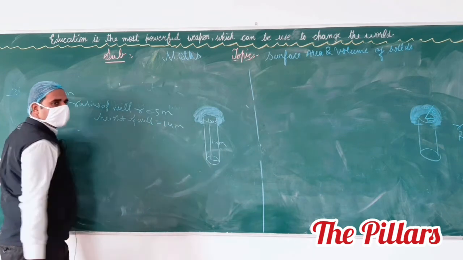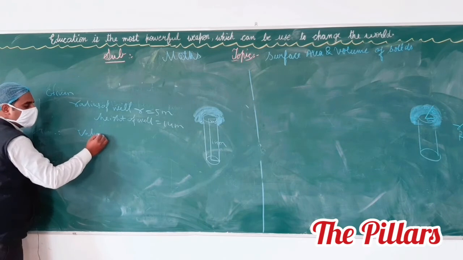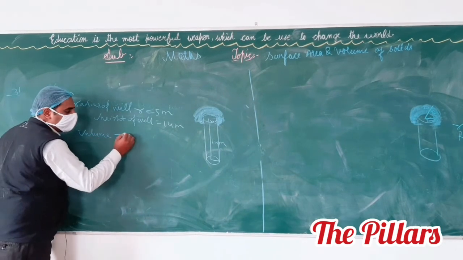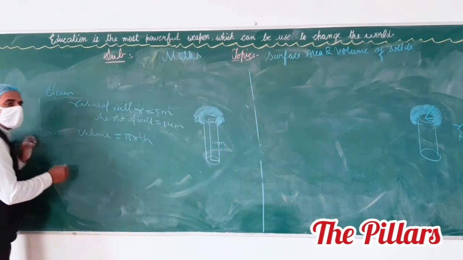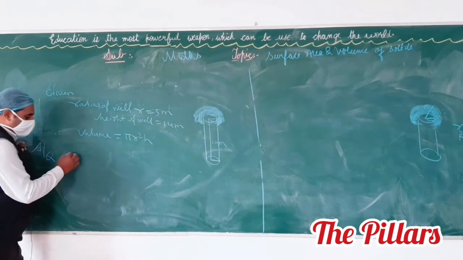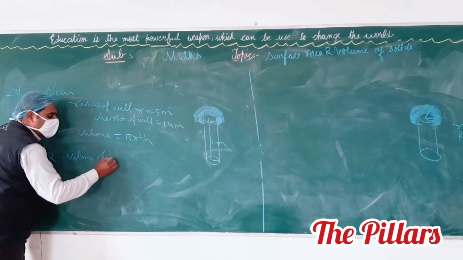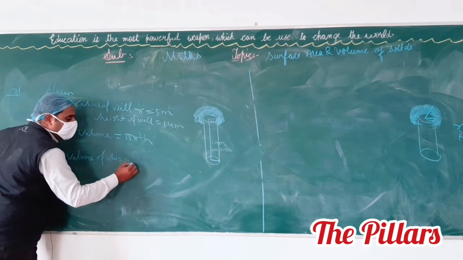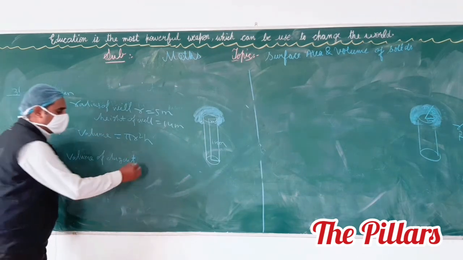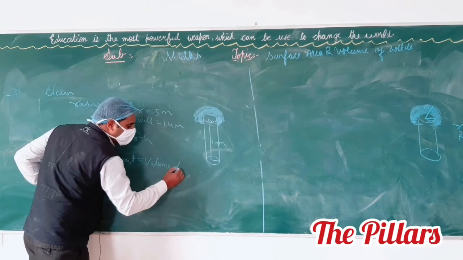Till here, does anyone have any problem? Therefore volume equals πr²h. But according to the question, volume of dugout equals the volume of embankment.